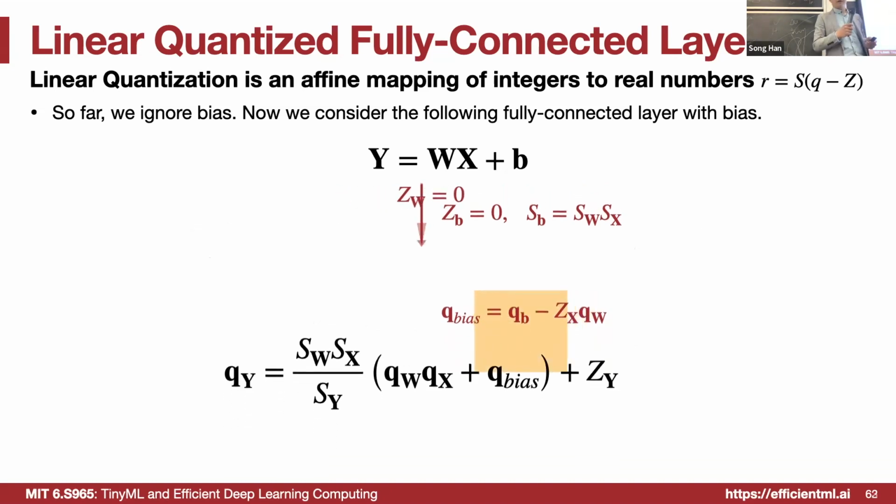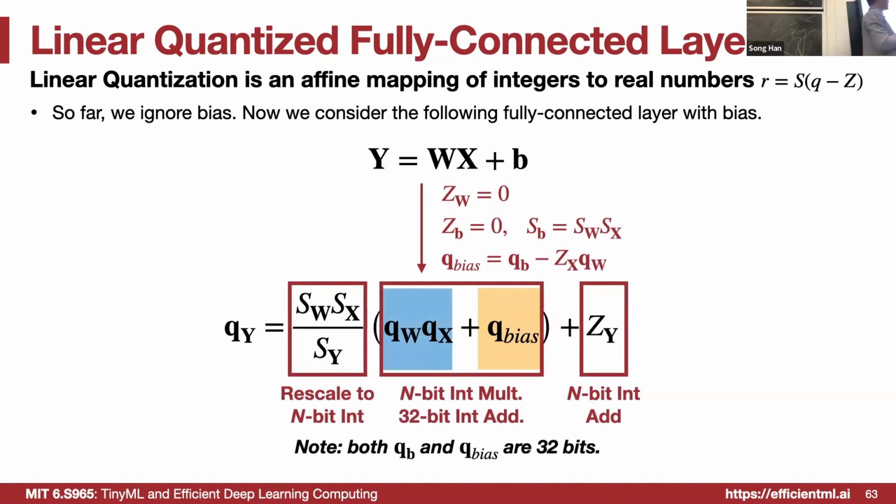Okay, and then by examining the current representation, we get a very simple form. The output is a scaling factor times the weight times the activation in matrix multiplication or convolution, whatever you have, and then plus the Q bias, which is defined using this equation, plus the ZY, the zero point of the activation.